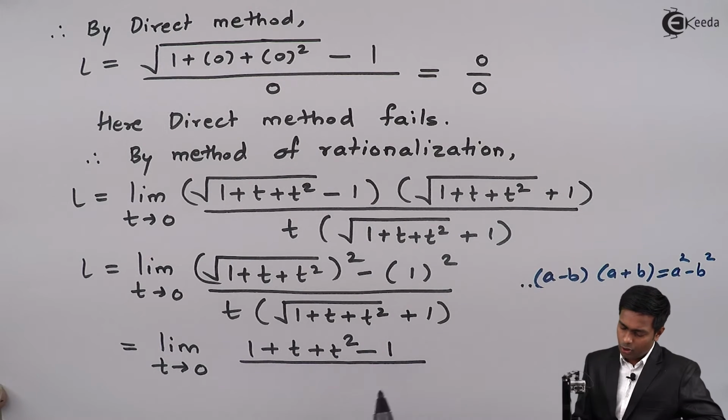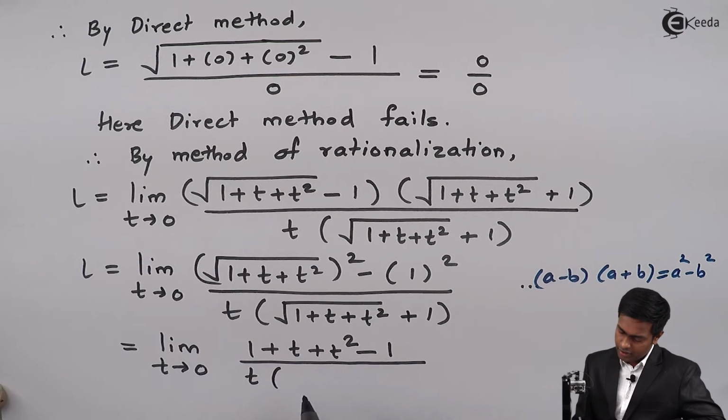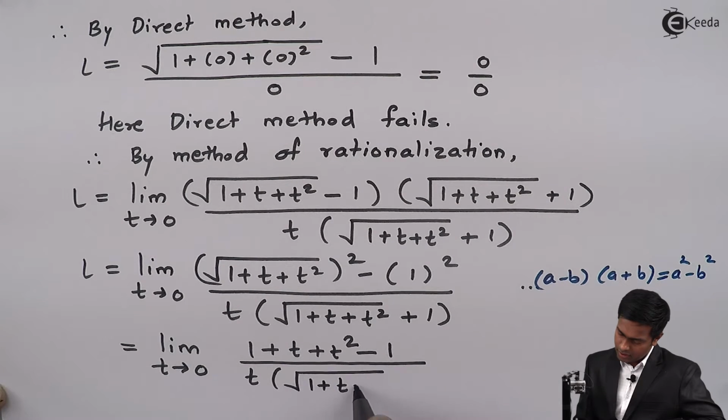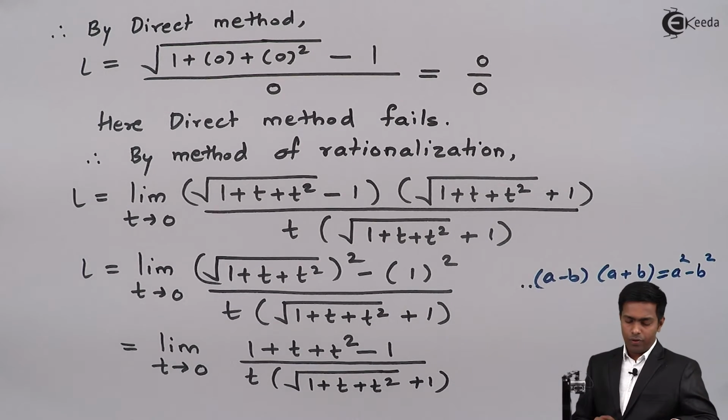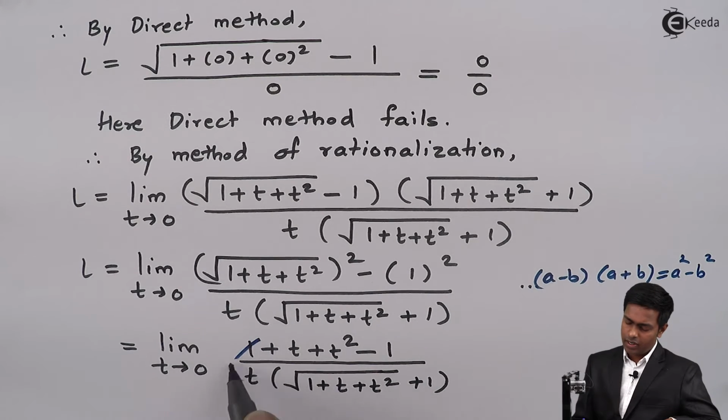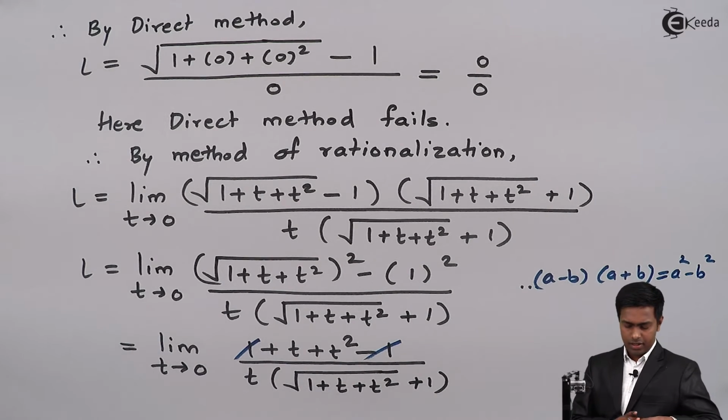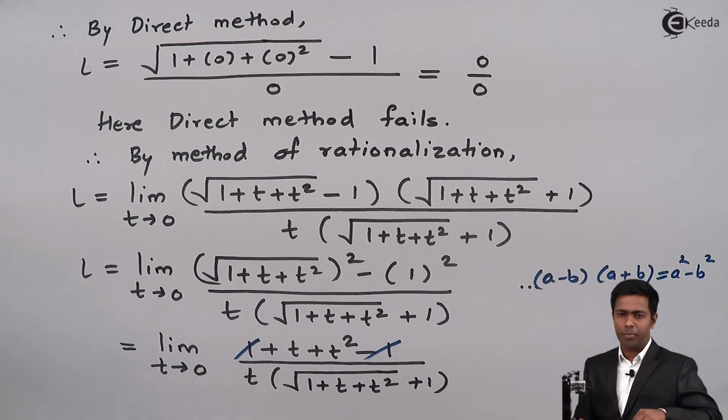Next, the denominator as it is, so t into square root of 1 plus t plus t square plus 1. Now from the numerator this plus 1 and minus 1 will cancel, and from the two remaining terms we can take t common.